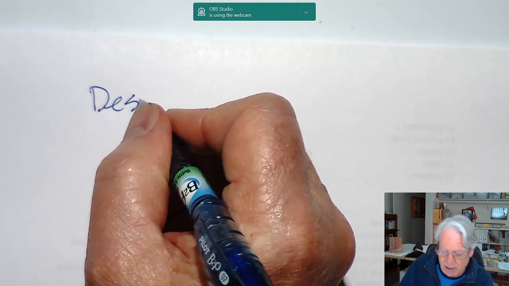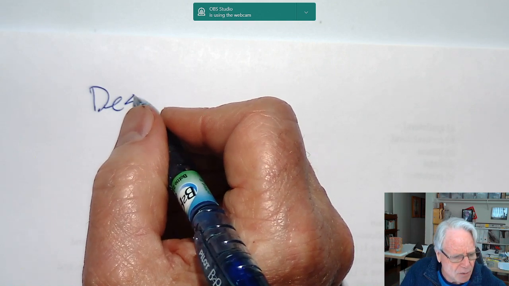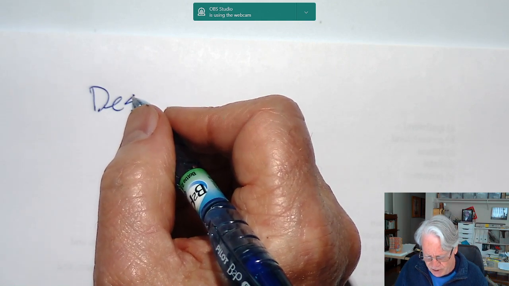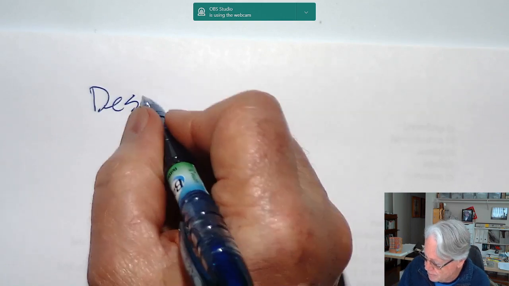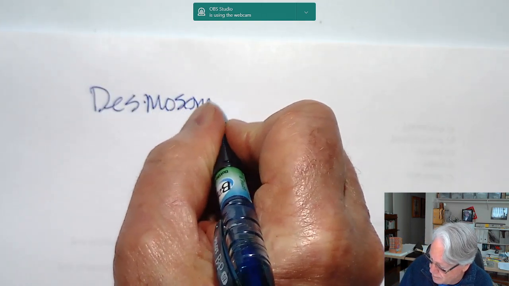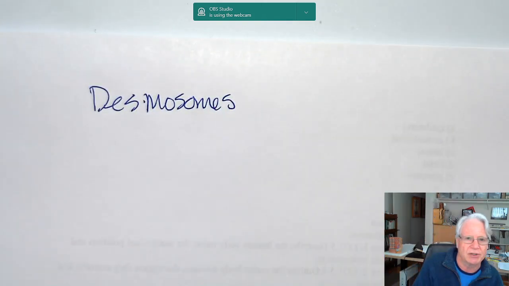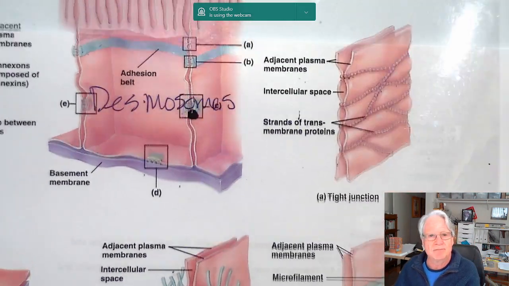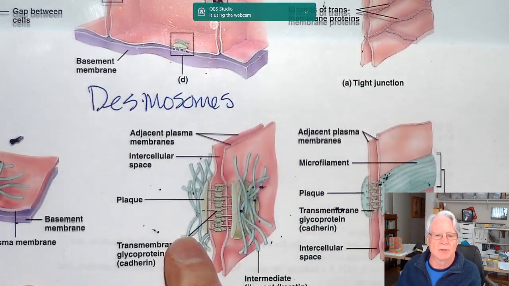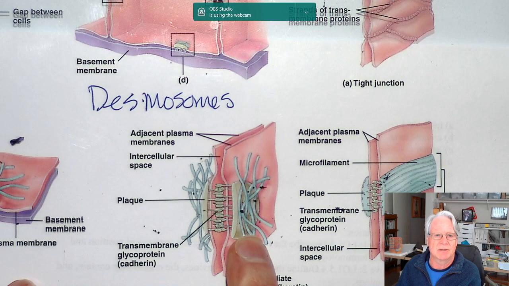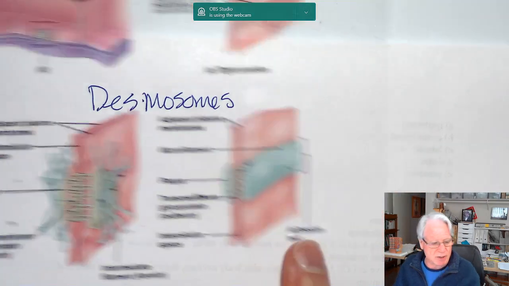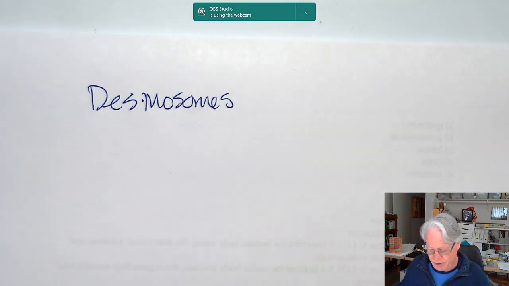So what about desmosomes? What are they all about? Well, what they're about is this structure, if you recall. We're going to look at this structure, and we're going to describe it, do a little picture, and talk a little bit about it.